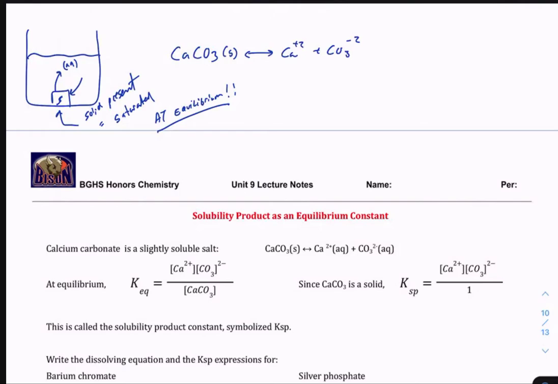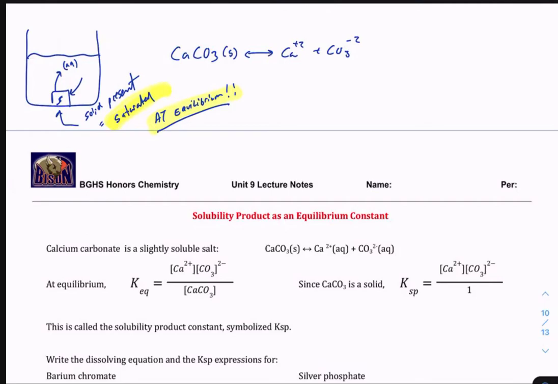So what I need you guys to realize is that these two terms, they're related. If it's saturated, it is at equilibrium. Okay? All right, so because it's an equilibrium process, all equilibrium reactions follow the same rules, right?